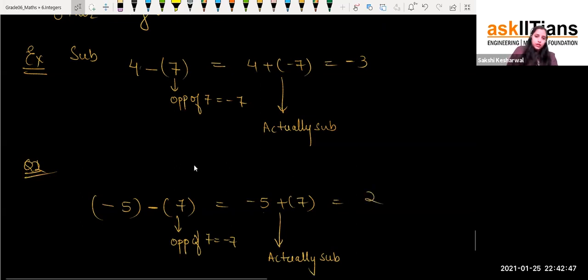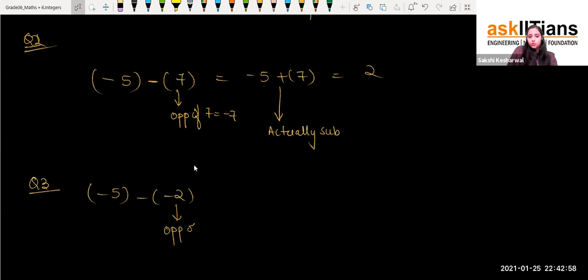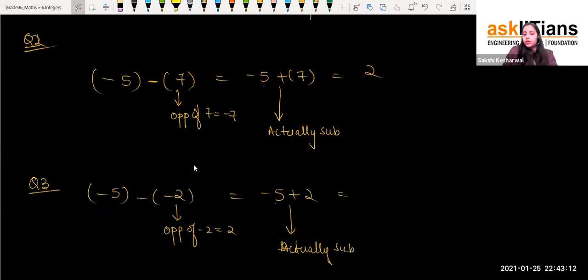Now question number 3: minus 5 minus minus 2. The opposite of minus 2 is 2. So can I write this as minus 5 plus 2? Actually you will be subtracting. 5 minus 2 is 3, put a negative sign.